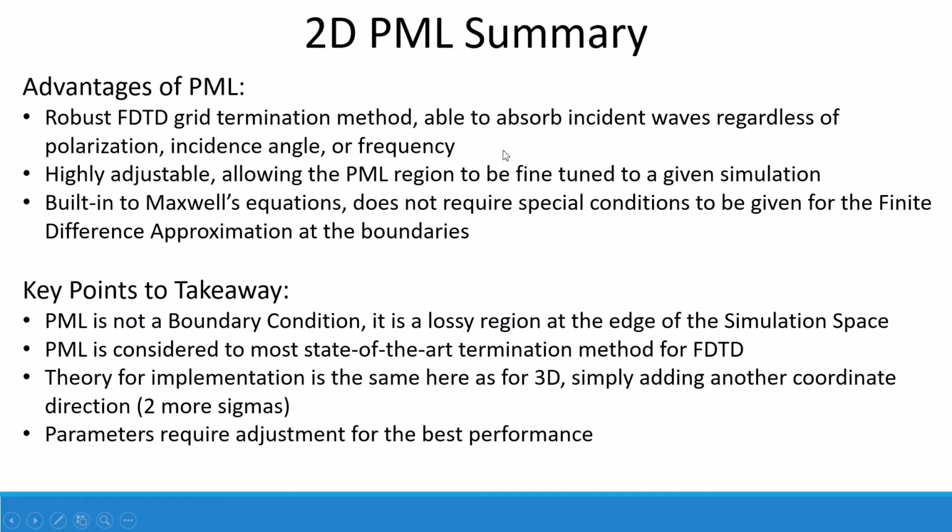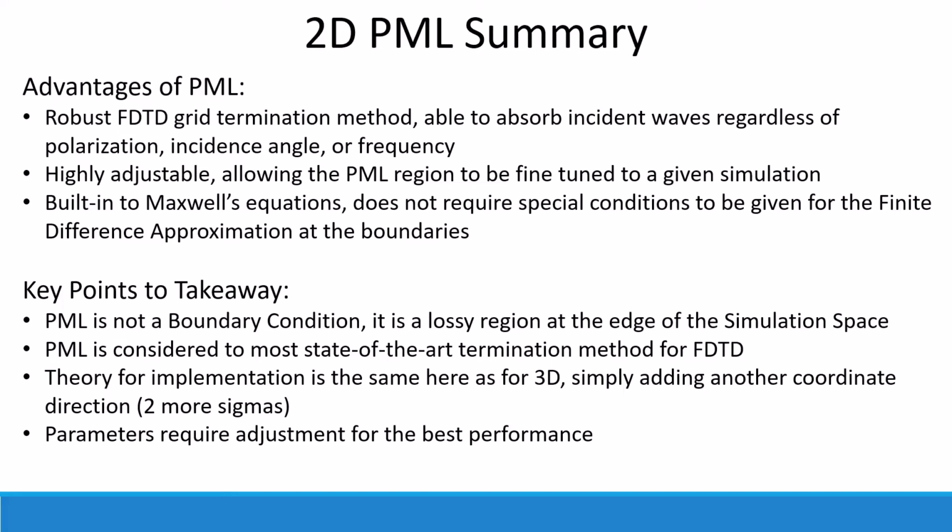It's highly adjustable, as we went over, allowing it to be tailored to given applications and experiments. And the PML is built into Maxwell's equations, so it doesn't require any special conditions for the finite difference approximation at the boundaries, and it makes it a lot easier in some cases to implement into the code.